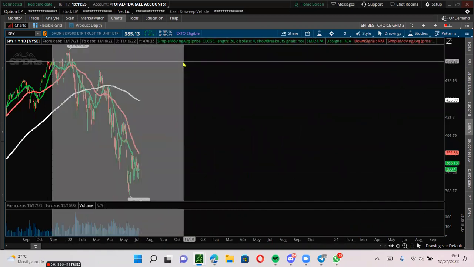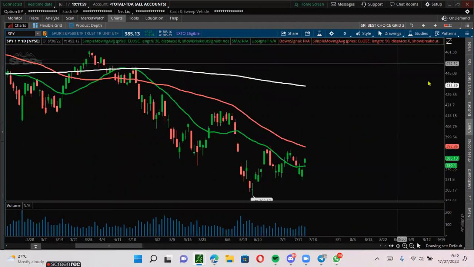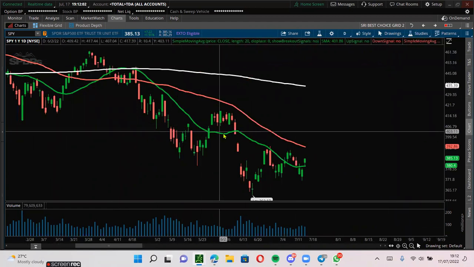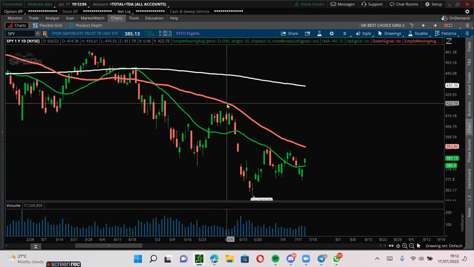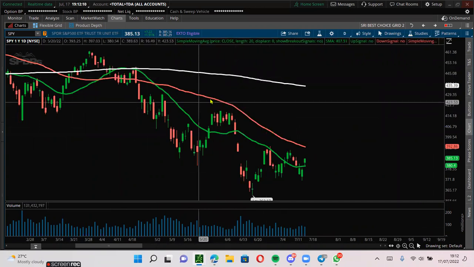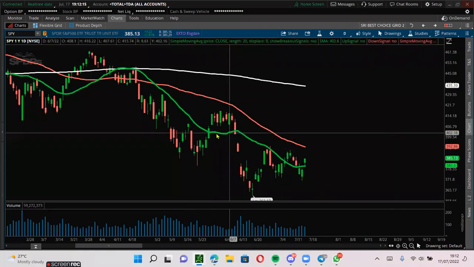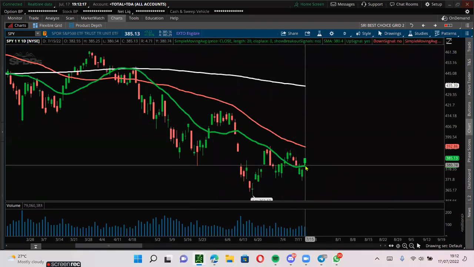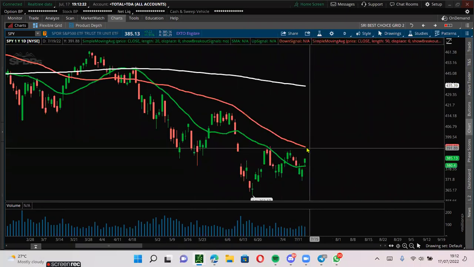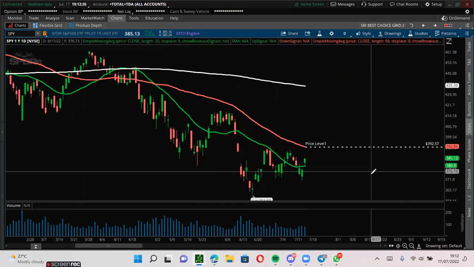Okay, so if you look, this is the 20 simple moving average, this is the 50 simple moving average, and this one is the 200-day moving average. What this tells you right now for S&P is that the stock is trying to stay above the 20 simple moving average, which is a good bullish sign, and the next resistance is 392.